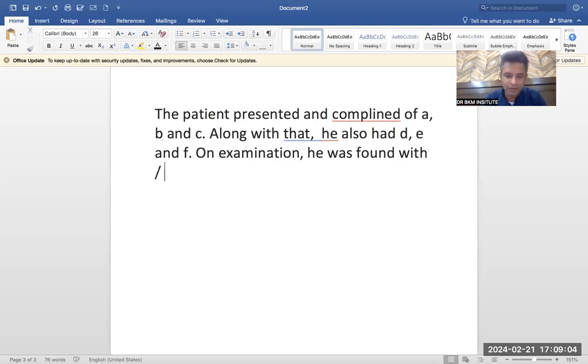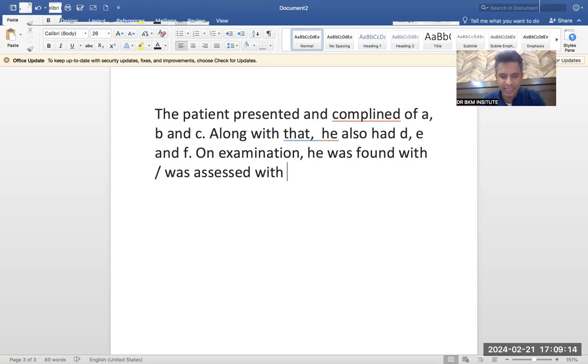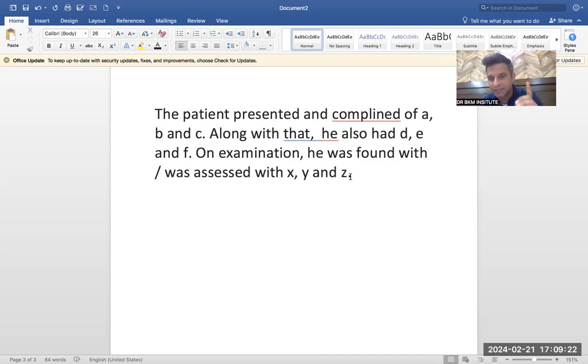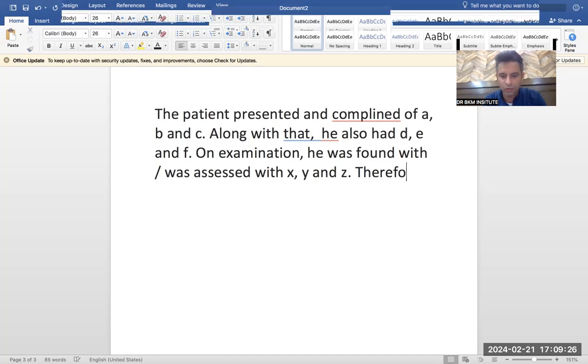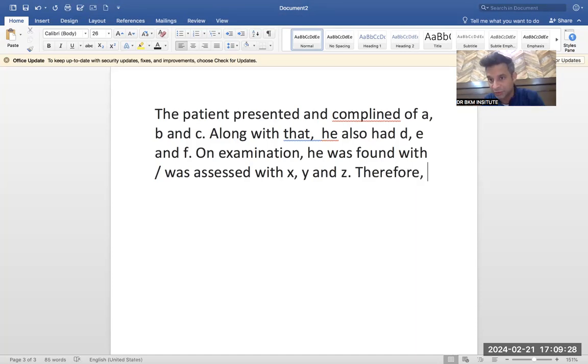That is the only grammar again. He was found with or he was assessed with signs A, B, and C. Let me take other signs X, Y, and Z. So whatever signs are given, I said the patient was found with these and this problem. Symptoms are here, signs are here. So I will say therefore, on the basis of signs and symptoms, he was diagnosed with, again by us.